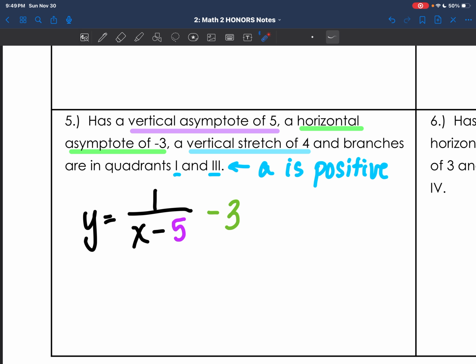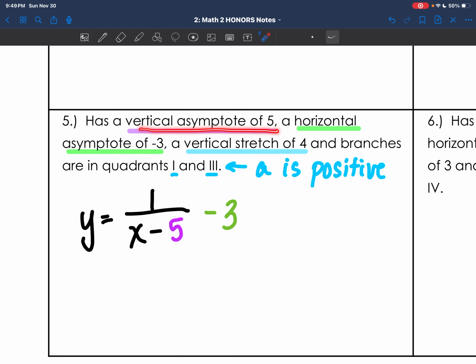And last but not least, vertical asymptote of 5. So this is basically saying your x equals 5, which is your h. And then this one is your k value. So this is saying y equals -3. So that is your k value.